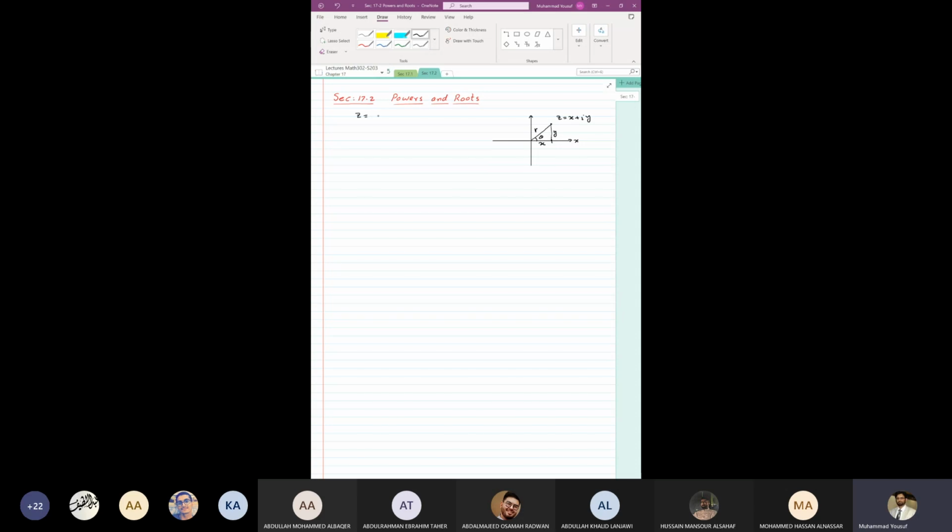So if z equal to x plus iy, and the line from the origin to z is making angle theta with the positive x-axis, then x is equal to r cosine theta, y equal to r sine theta.